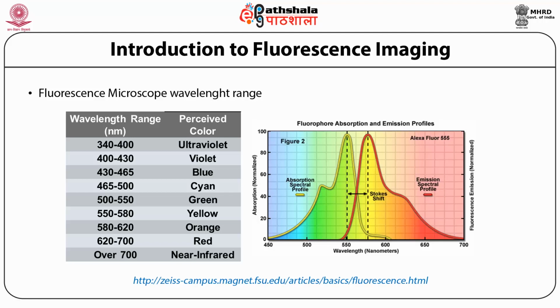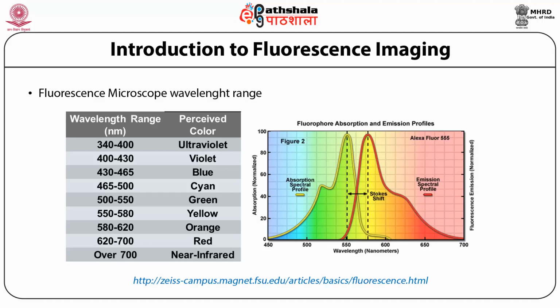So that means this particular fluorophore, Alexa 555, absorbs light with a wavelength which starts from 450 to 600 nanometer, but the absorption peaks at 550. That's why it is called Alexa 555. But it can be excited and it can absorb light in a very wide range.